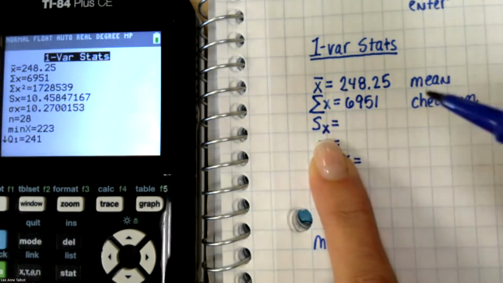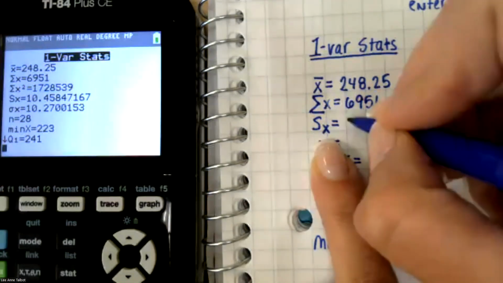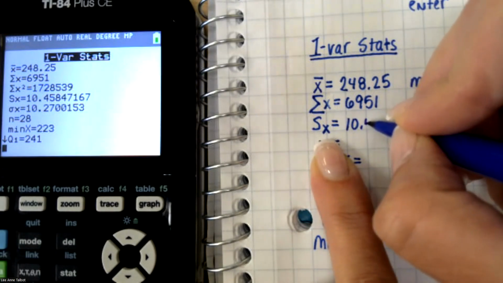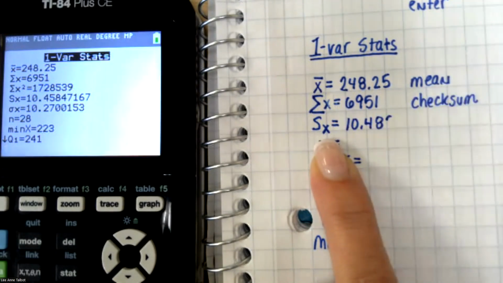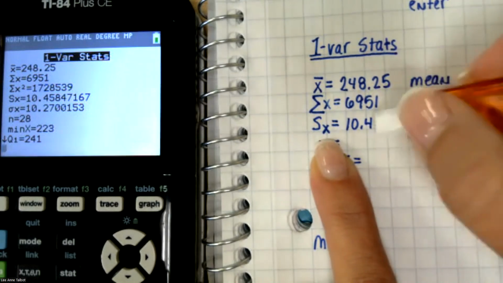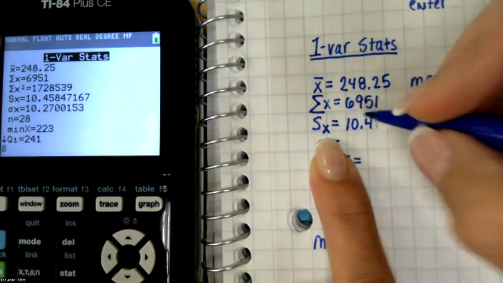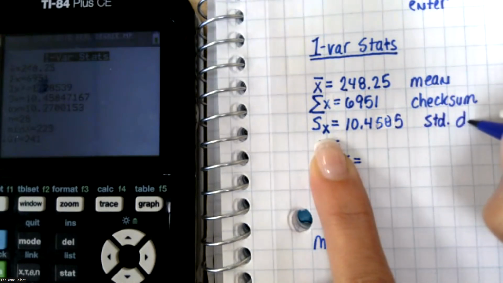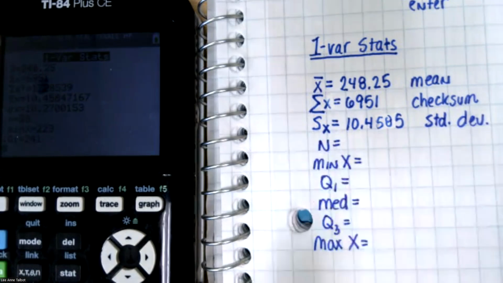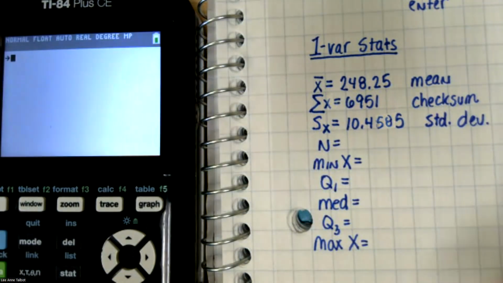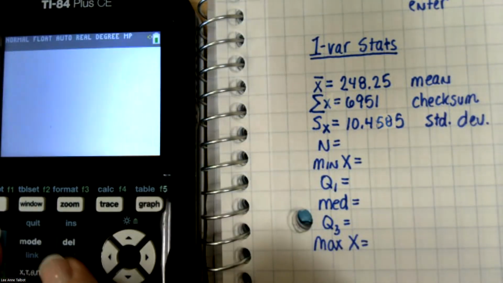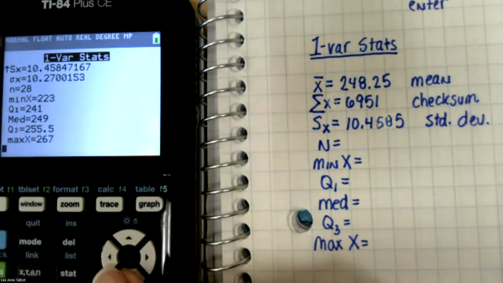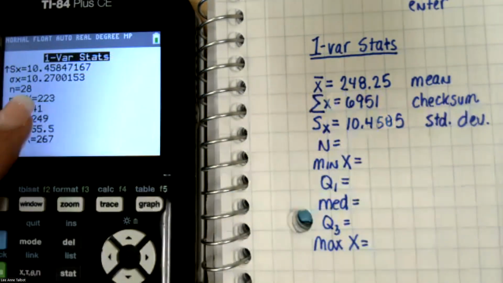Sx is the standard deviation we were talking about, and I round this to 4 decimal places, 10.4585. Whoops, I wrote it wrong though. Correct. n is the amount of numbers that I typed in.